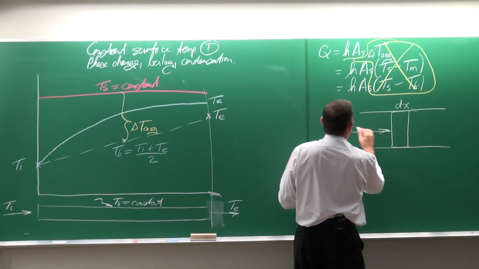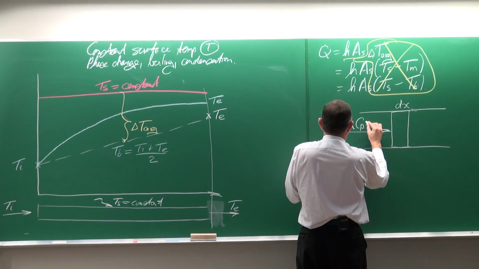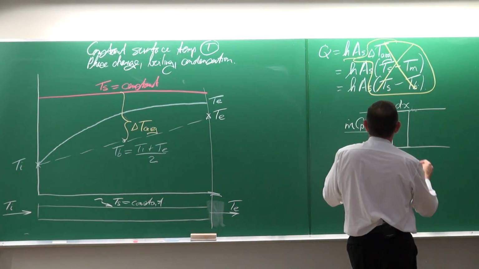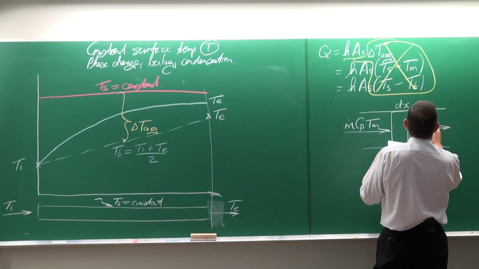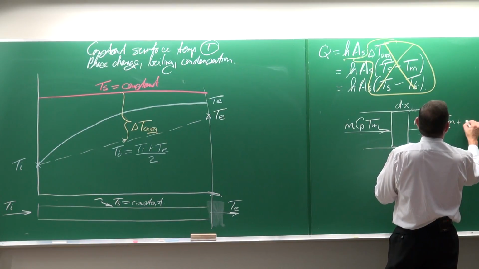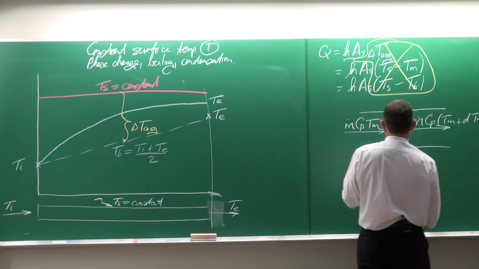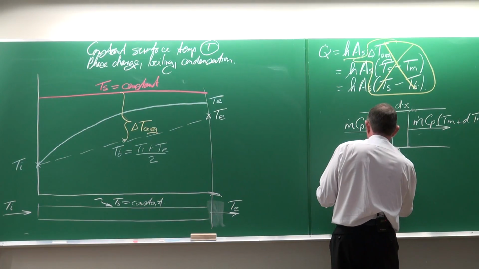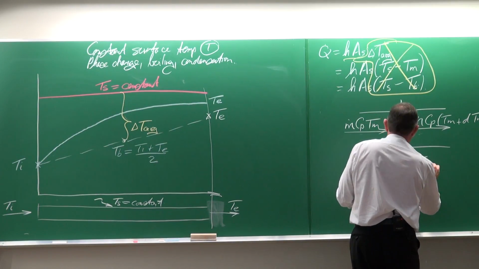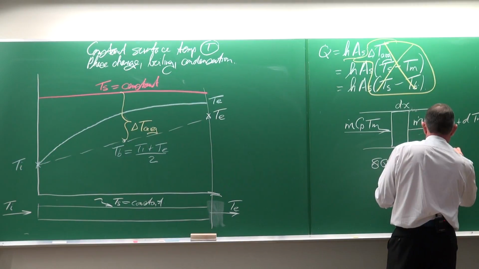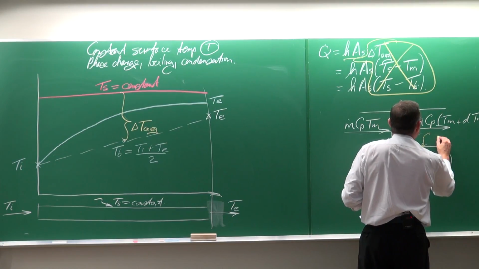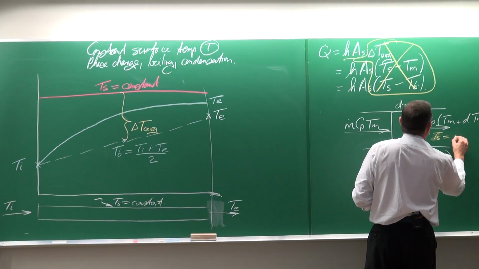And the mass flow rate through here is m dot Cp multiplied by Tm, or the energy transfer going into the control volume, and there it will go out as m dot Cp multiplied by Tm plus dTm, and the heat transfer through there would be equal to delta Q is equal to the heat transfer coefficient multiplied by Ts minus Tm, and it is of course assumed that this temperature Ts is equal to a constant.